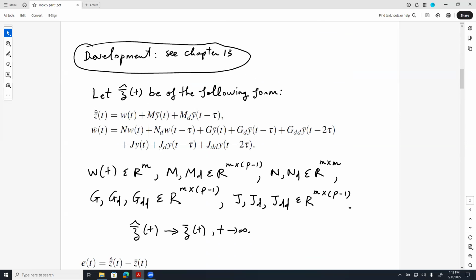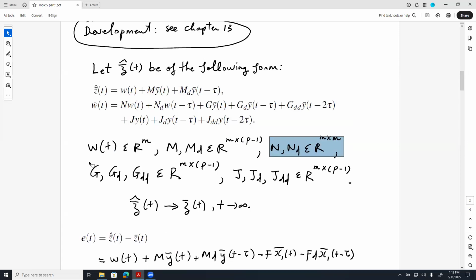So we need to find ways to determine these matrices. They are of appropriate dimension, and we have to ensure that matrices N and ND, which form the dynamical equation of an error time delay system, are asymptotically stable so that the error can converge to zero.